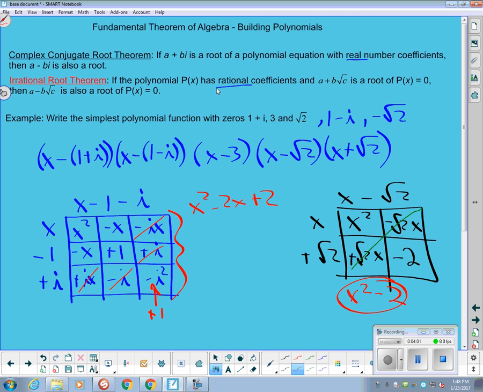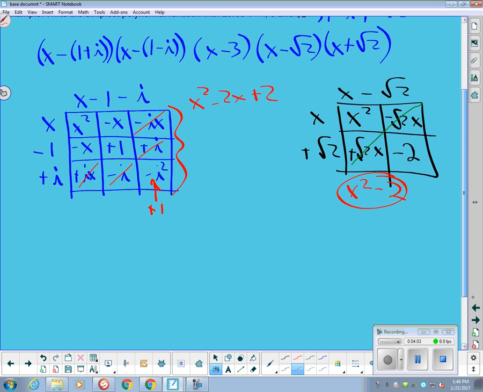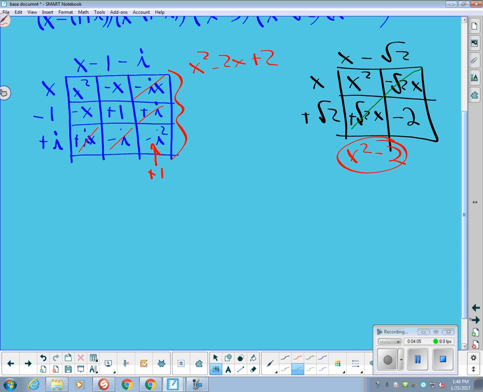So let's go ahead. We will multiply those two together. So let's take our x squared minus 2. Okay, so I'm going to do that a little bit differently.